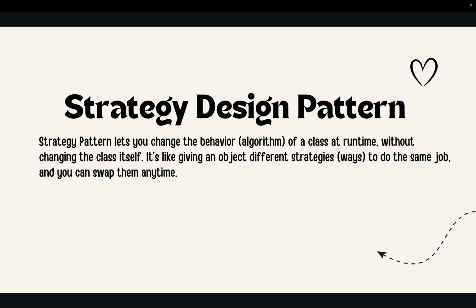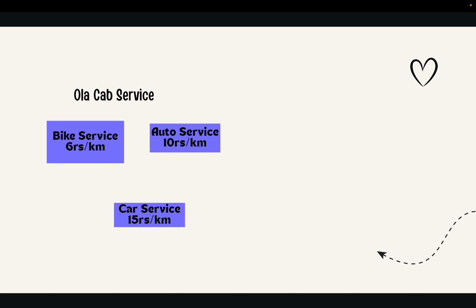The strategy design pattern lets you change the behavior of a class at runtime without changing the class itself. It's like giving an object different strategies to do the same job, and you can swap them anytime. What does it mean? Let's understand it with an example. Say I want to create a cab service, like Ola.